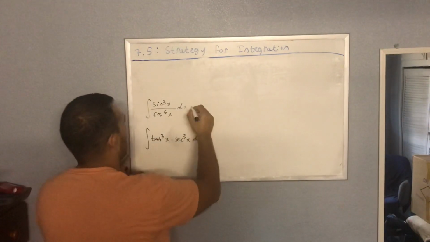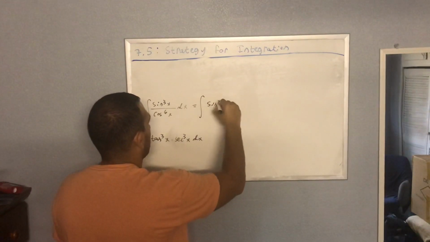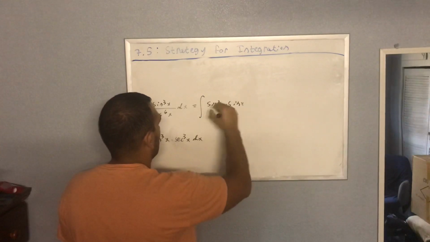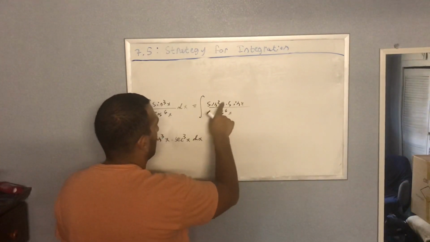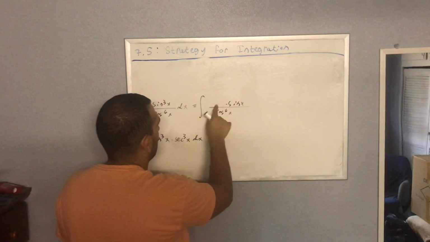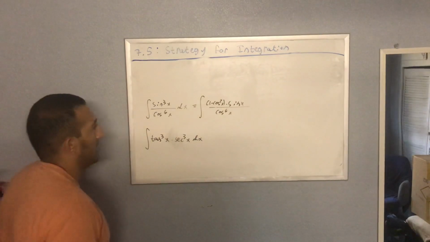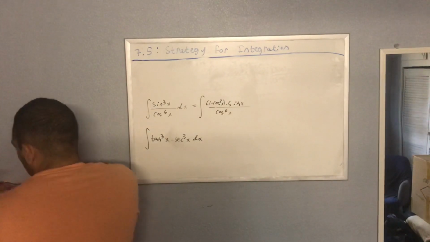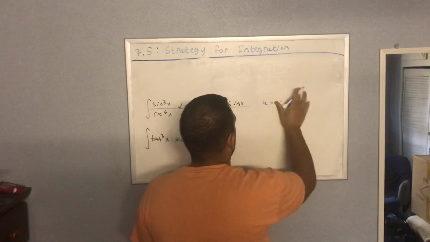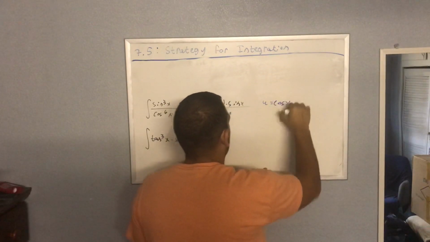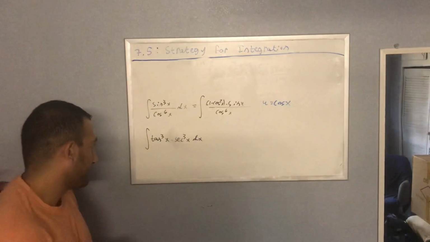With this method, you would want to write this sine cubed as a sine squared times sine, and then convert one of these sine squareds into 1 minus cosine squared. And then make the substitution u is equal to cosine x. And that would let you finish out this problem if you did it this way.